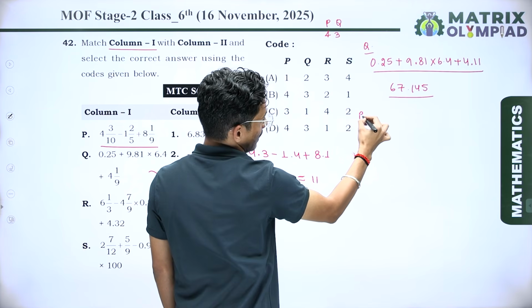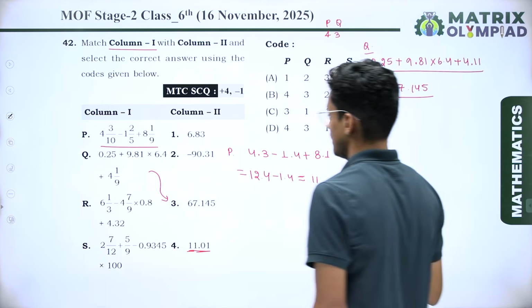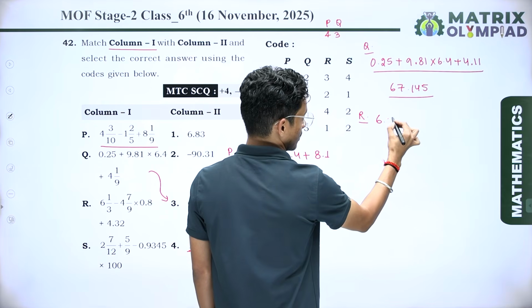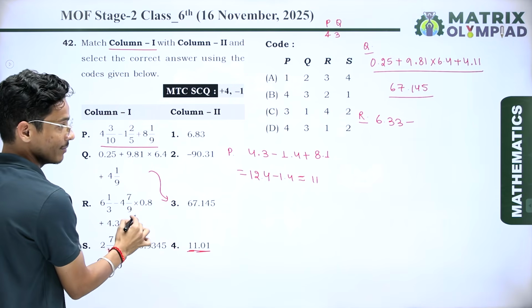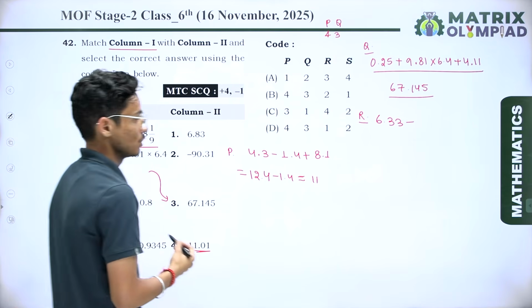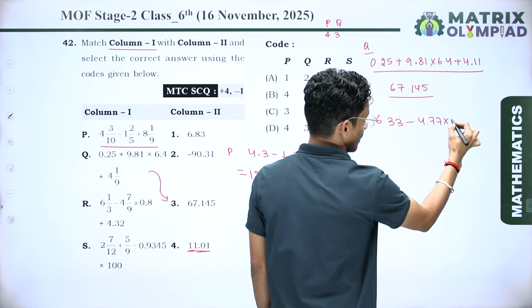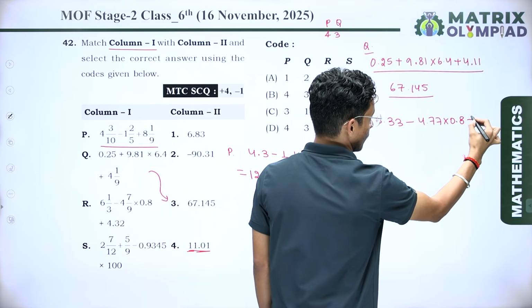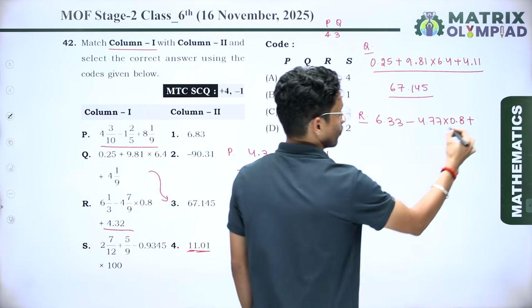If I talk about the R, that is here we have 6 and 1 by 3. So here I can write 6.33 minus here we have 4 and 7 by 9 multiply 0.8. So here I can write 4.77 multiply 0.8 plus here we have 4.32.